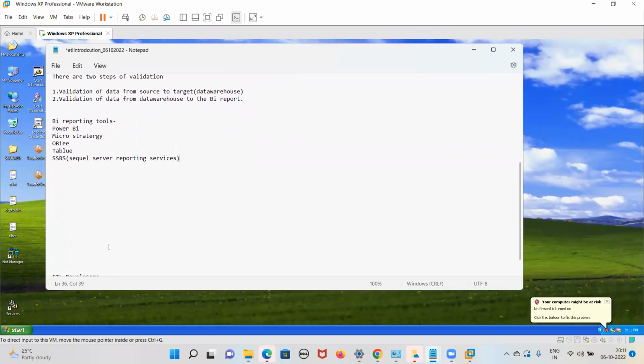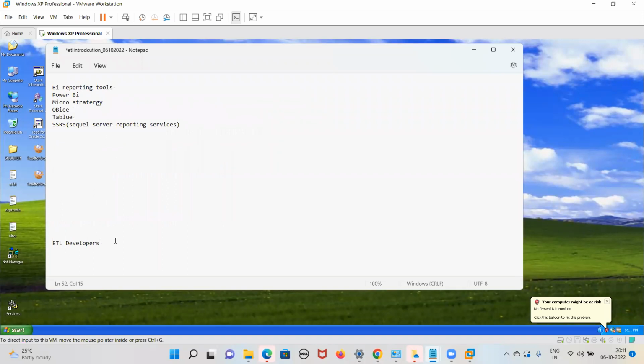Now, what is the ETL developer doing? The developer is developing the transformation logic. So the transformation logic is developed by the developers. He is using some logic by which the data will be loaded.